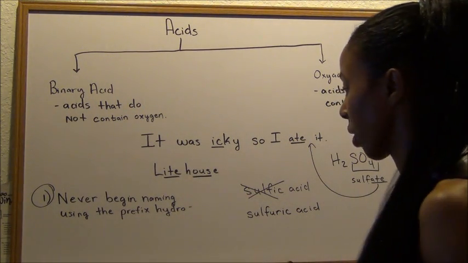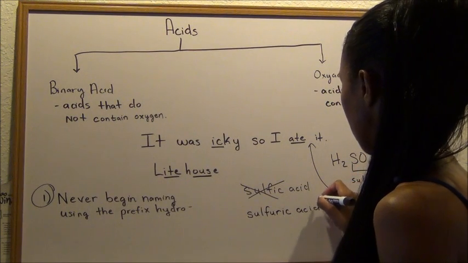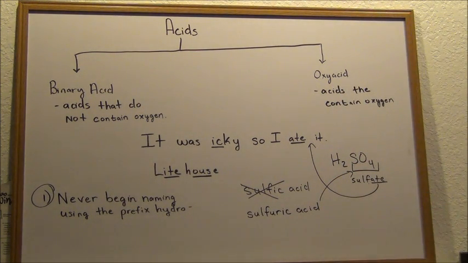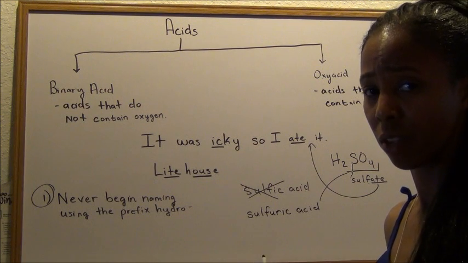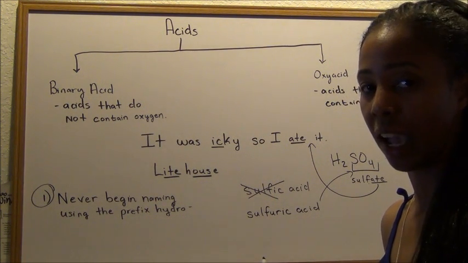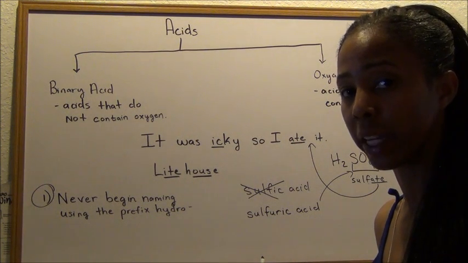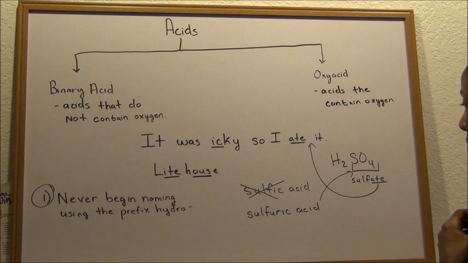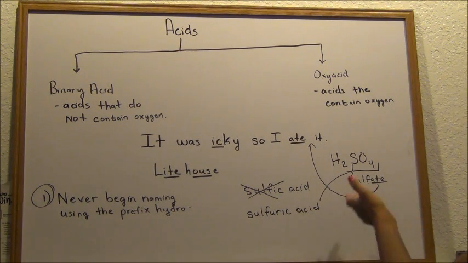Not hydrosulfuric acid, but sulfuric acid because it is an oxyacid. The same thing is true if we had phosphate. It's not phosphic acid, it's phosphoric acid. The root name of it kind of changes from what you would think with the ate.